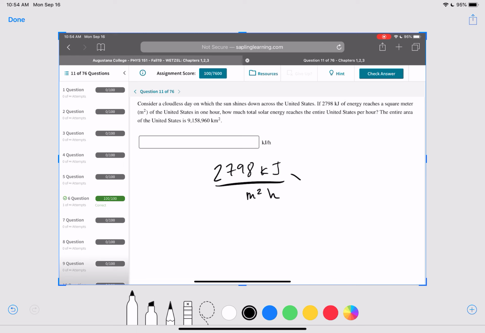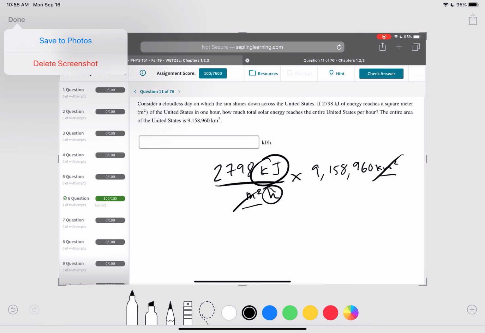This is going to be multiplied by 9,158,960 kilometers squared. And then you've got to convert from meters squared to kilometers squared. So you're going to do 2 conversion factors from kilometers to meters, but twice to get your answer. And once you get these units in the same dimension, they'll cancel out, and then you'll just be left with kilojoules per hour, and then you'll get your answer.